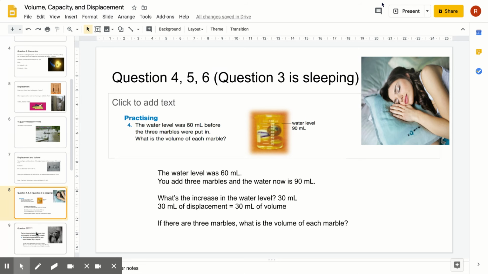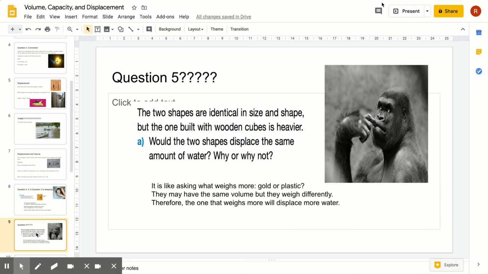Okay. Question 5 is hard, and I'm wondering if you guys can figure this out, but maybe my explanation can kind of lead you to it. There are two shapes. They're identical in size and shape, but the one built with wooden cubes is heavier. Would the two shapes displace the same amount of water?